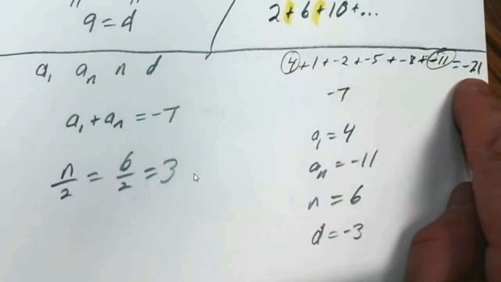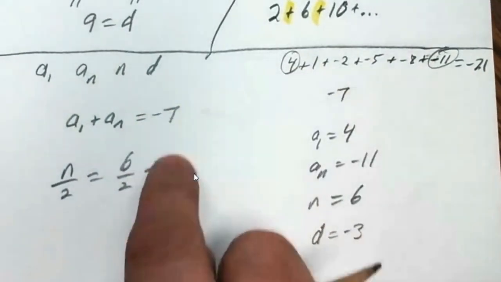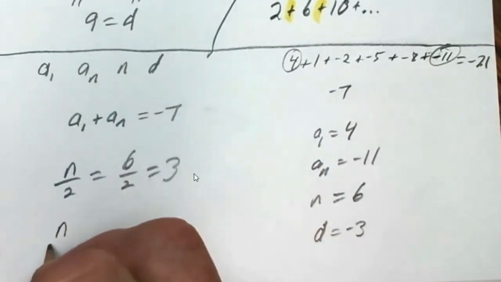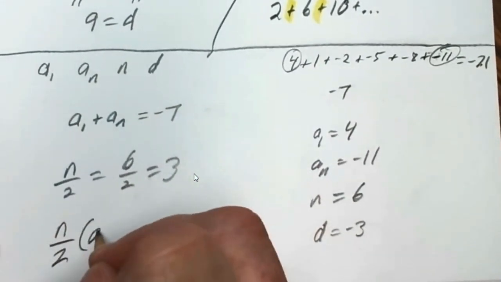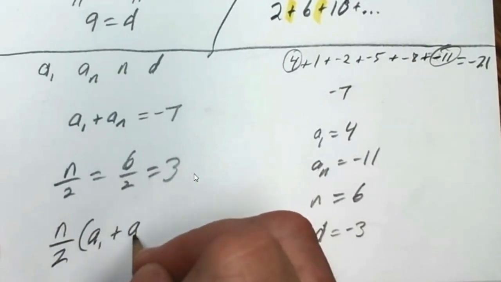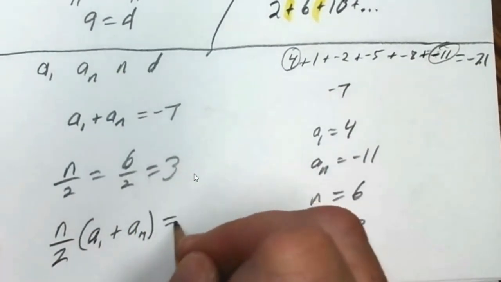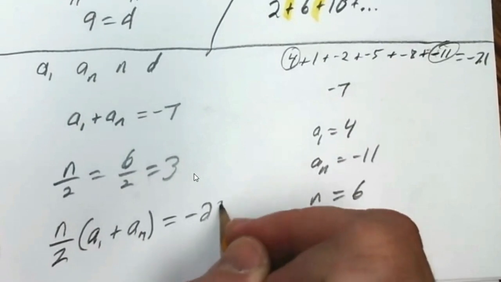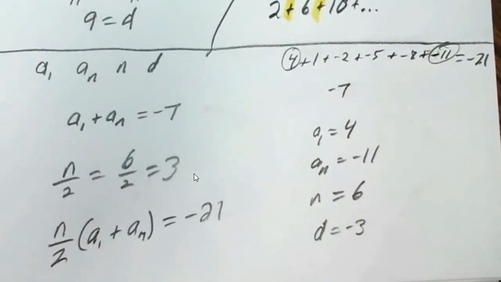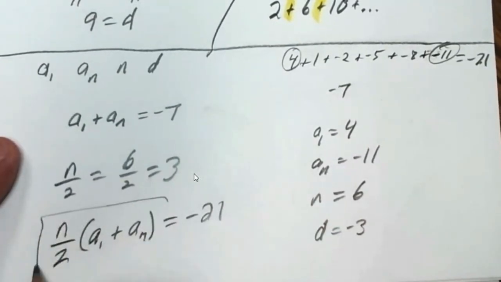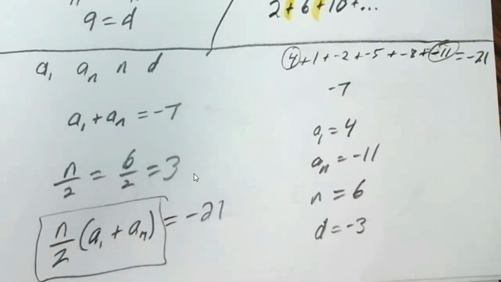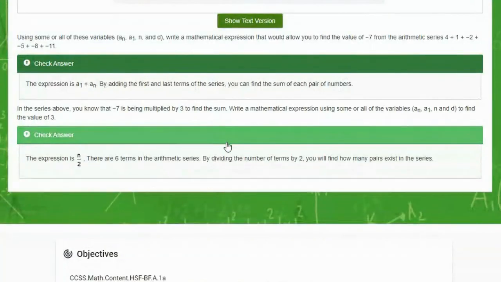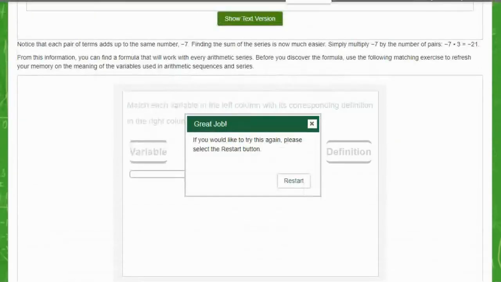So if we multiply these two things together, n divided by 2 times A sub 1 plus A sub n, that would give us the -21. Oh, looky there. I think we've got our formula. Yeah, n divided by 2 gave us that. So let's go to the next page.